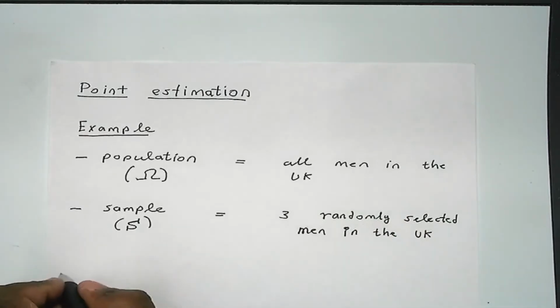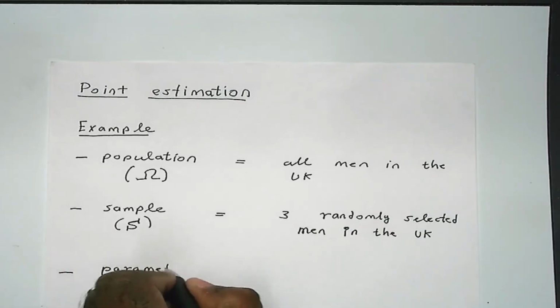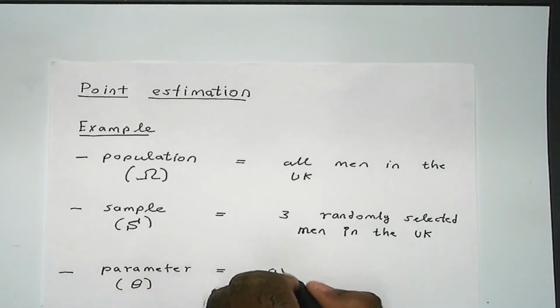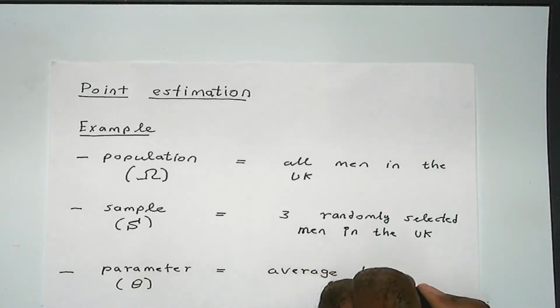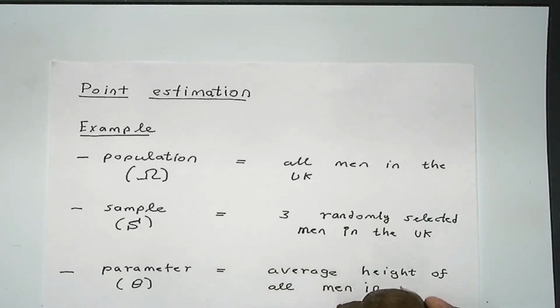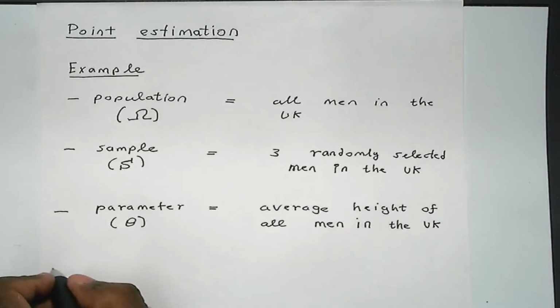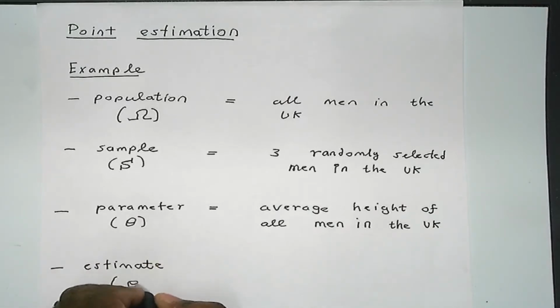and suppose we are interested in estimating the parameter which we denote by theta, which is the average height of all men in the UK, and we need to come up with an estimate for theta, which we call theta hat, right?